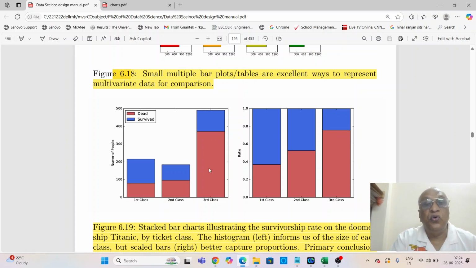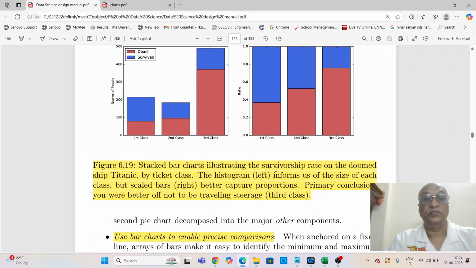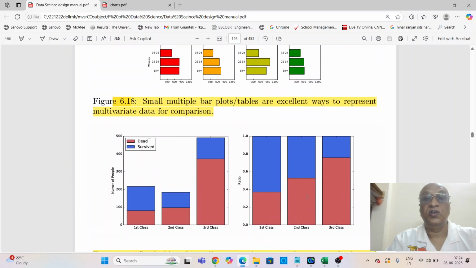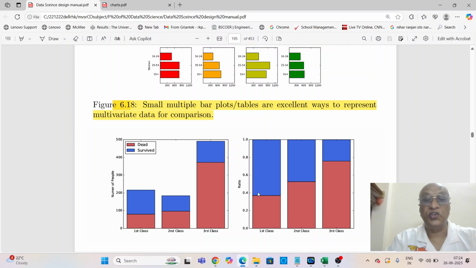So you had better chances of survival if you bought a first class or a second class ticket. So this is showing the proportion, the ratio, actually. This is showing the number. What is the ratio? I can easily understand the ratio, right? In first class, there were more survivors. In third class, more deaths were there, like that.